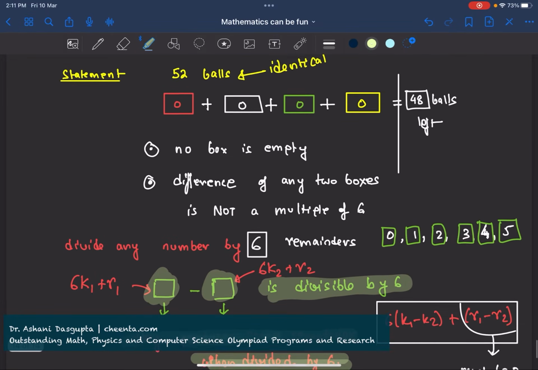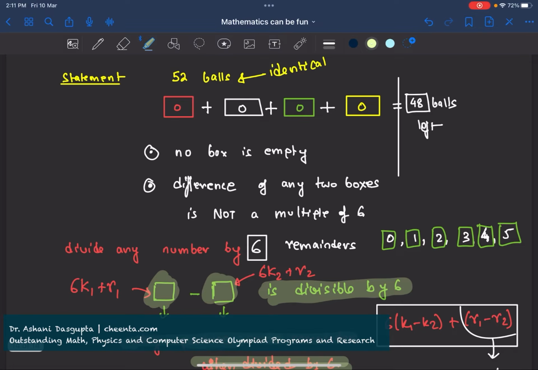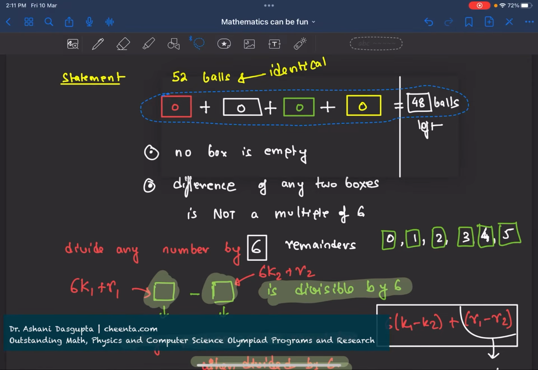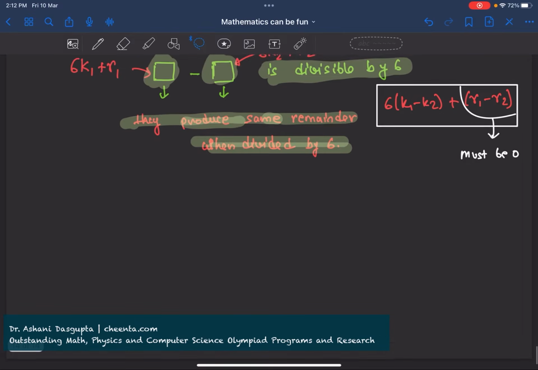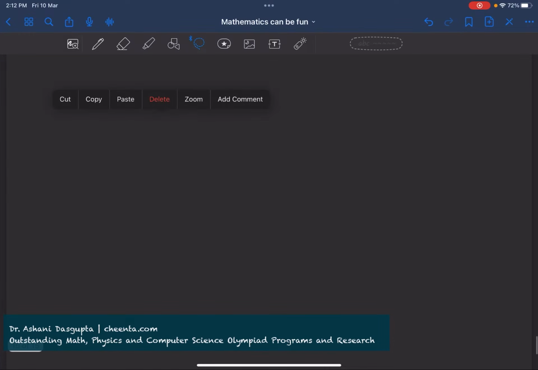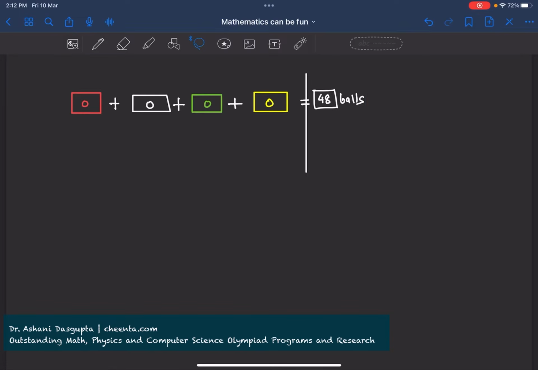Okay, so now let's get back to this problem. I will just draw this equation one more time. So let's see what is the remainder produced by the red one.